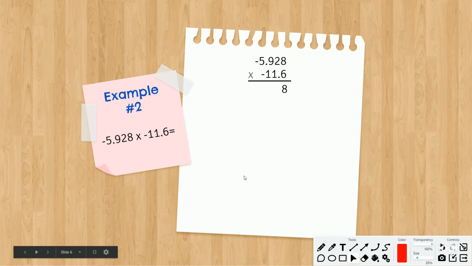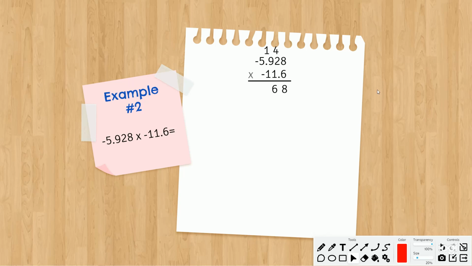So the first one I have is the 6 here times 8, which gives me 48. So the 8 goes on the bottom, and the 4 goes up top. Then I have 6 times 2, which is 12. Then I have to add 4 to that, and I get 16. So the 6 goes down on the bottom.